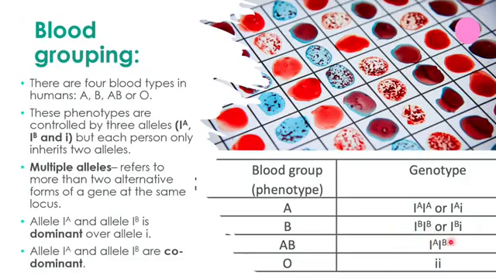Blood group AB is also where we can see codominance being played out, because there's an A allele and a B allele, and the phenotype actually expresses both of these alleles. One allele doesn't overpower the other, so they are both expressed in the phenotype.